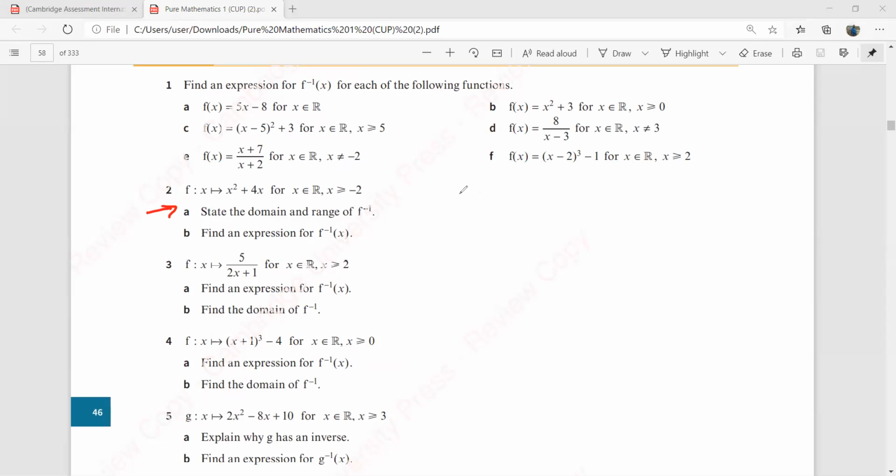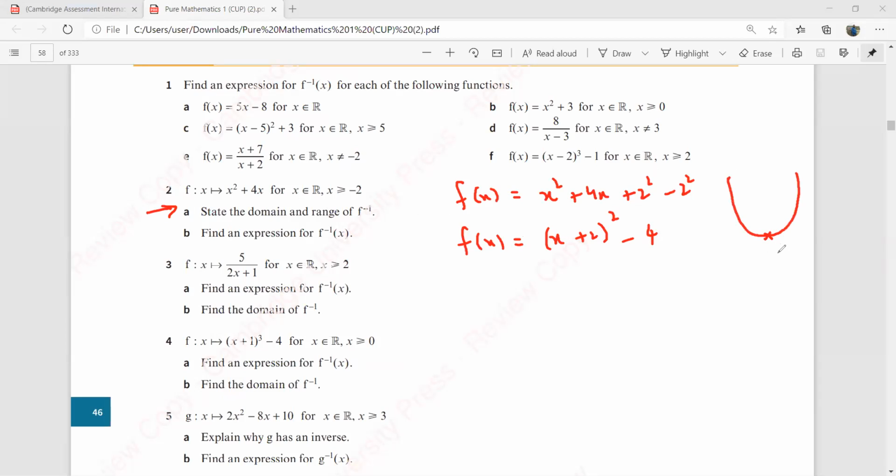First of all, I should be clear about the turning point. So I'll be completing the square because it's a quadratic function. Without completing the square, you cannot write the inverse. So this is x plus 2 whole square, and I have a -4 here. So this curve is going to be like this.